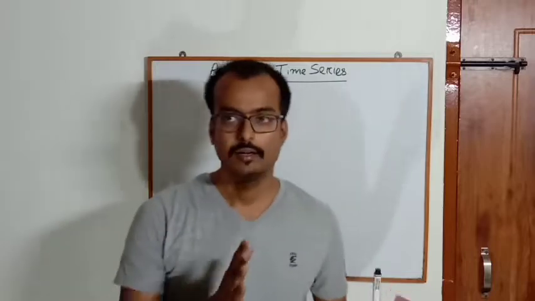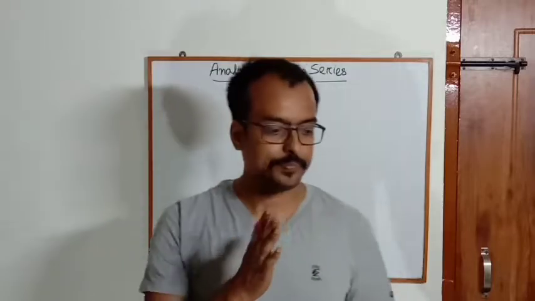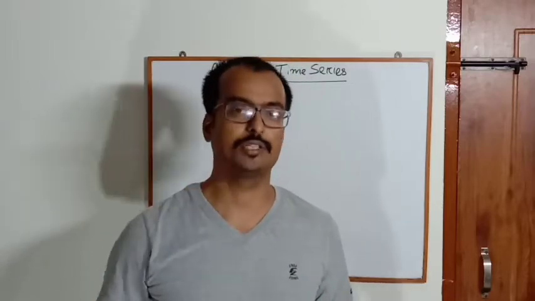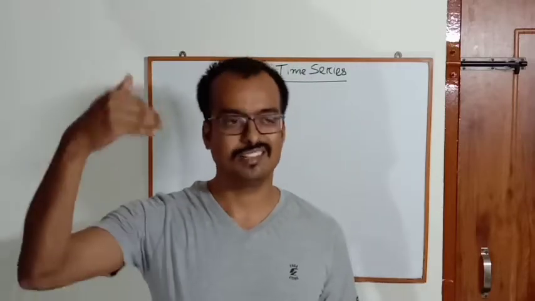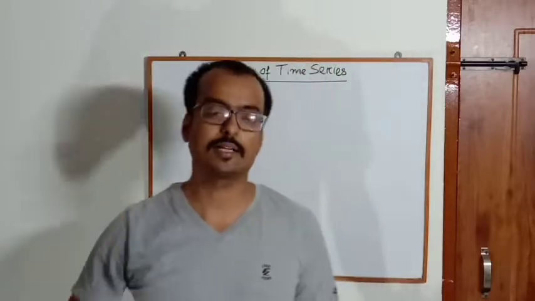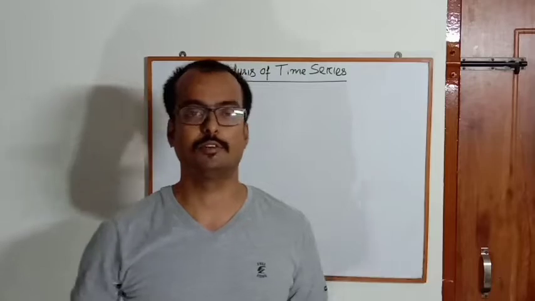See, as I said, time series is a series of statistical information which is arranged chronologically. There will be time, maybe month, maybe year or whatever on one side, and on the other side the variables will be there.